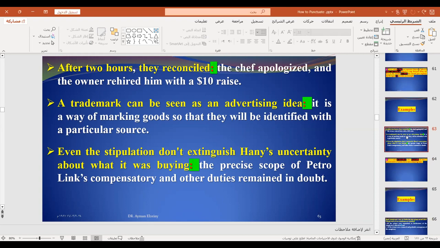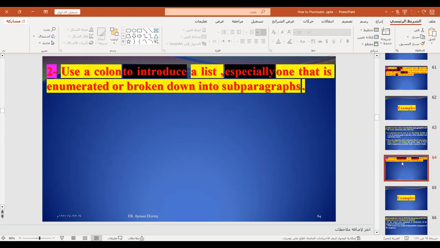Use colon to introduce a list, especially one that is enumerated or broken down into subparagraphs.